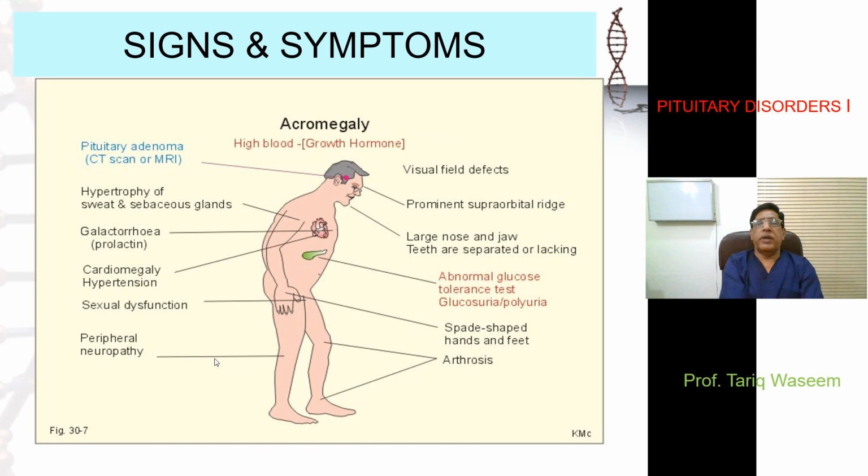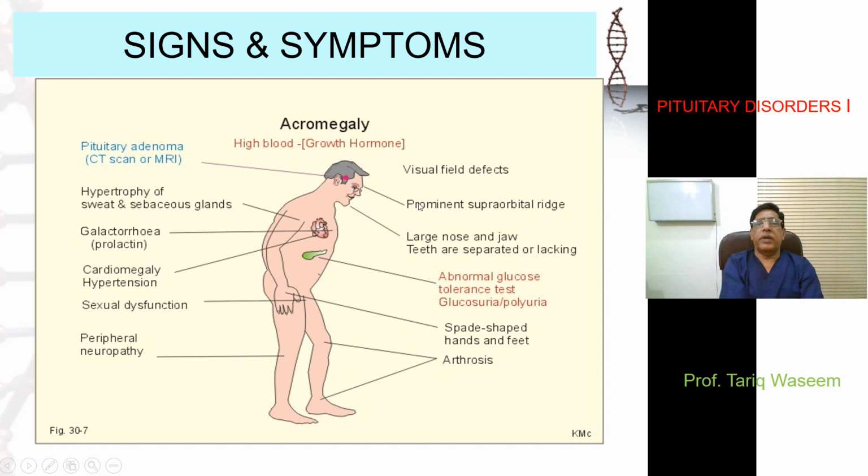In acromegaly, the signs and symptoms primarily stem from the growth hormone excess. Some of its mechanical effects would be as a result of a pituitary adenoma, since the majority of these are due to a pituitary adenoma. This adenoma, as we said, can lead on to a compression effect onto the optic chiasma, and the first symptoms may be visual field defects.